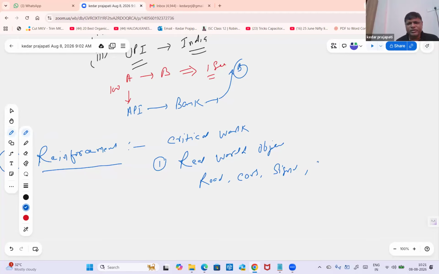Like a petrol bunk is there, it has to fill petrol, so it will go and fill the petrol. Then a school bus, a railway station, everything comes as an object for it.